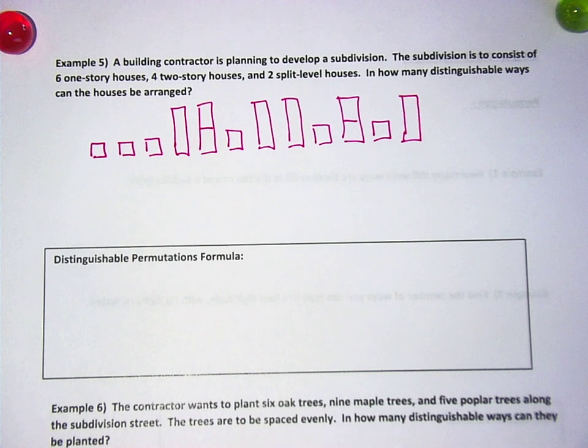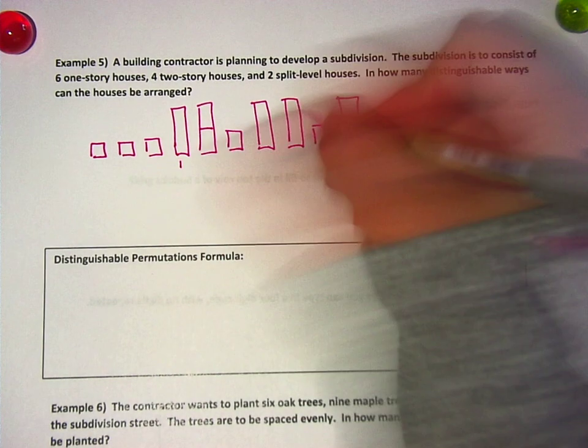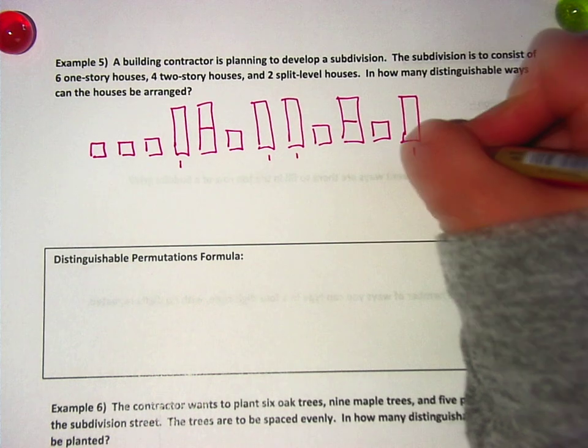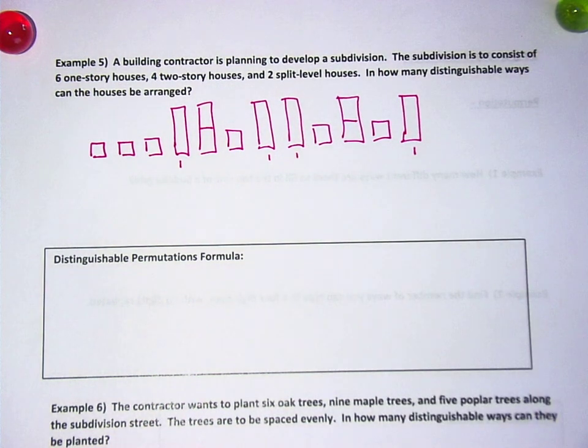So I've got 6 one-story houses in my picture. I've got 4 two-story houses in my picture, and I've got 2 split levels. So order does matter in the fact that 3 little ones come first, but there's no distinguishable way to notice the difference between the 3 little ones.